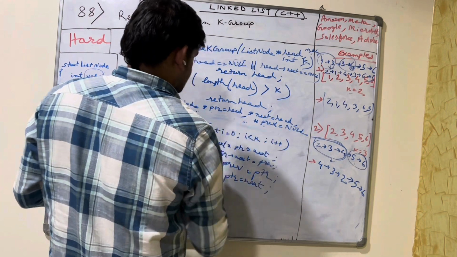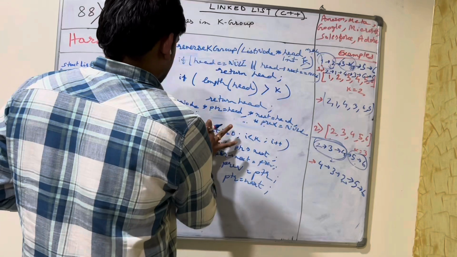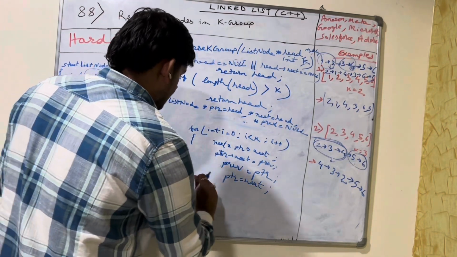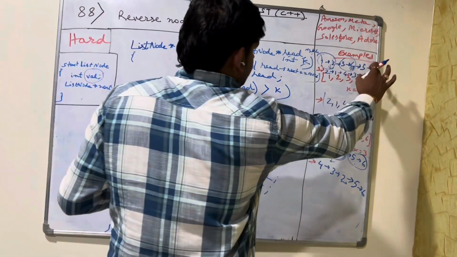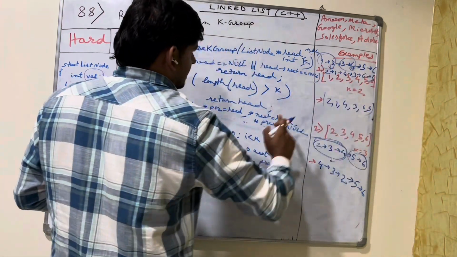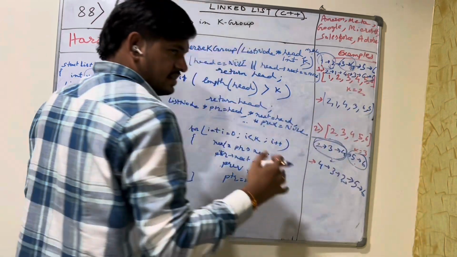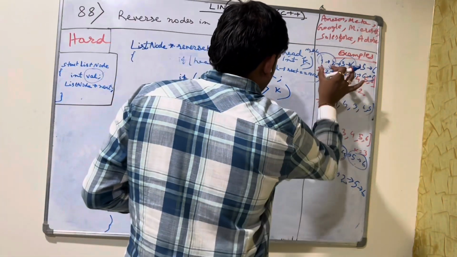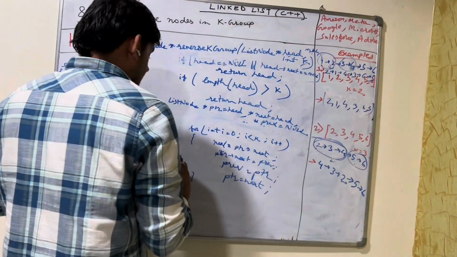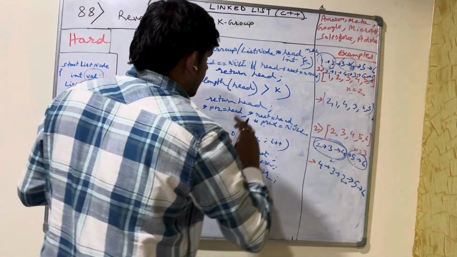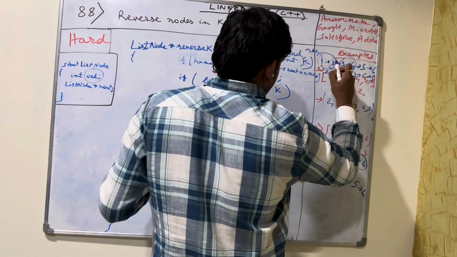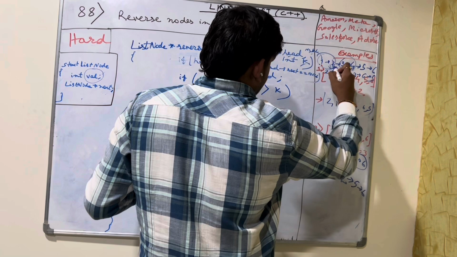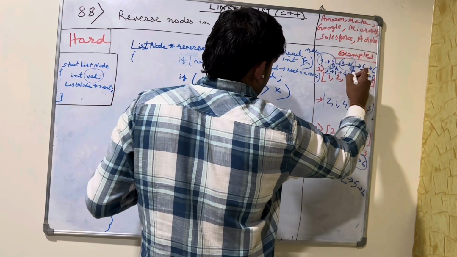And once this is done, here we used to return previous, because this whole thing we used to reverse, and the previous at the end used to be at the end of the linked list. But here this is not the case. We are reversing up to k. Now here at the end we have this next at the kth length, from 0 to the kth length, or from kth length to the 2k length, right?